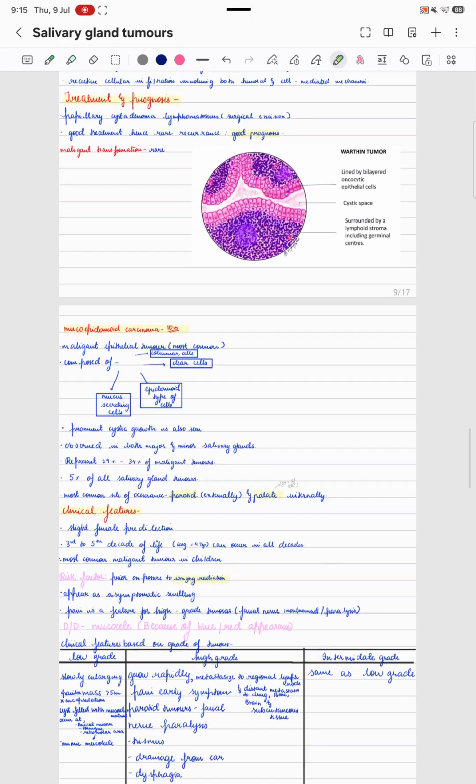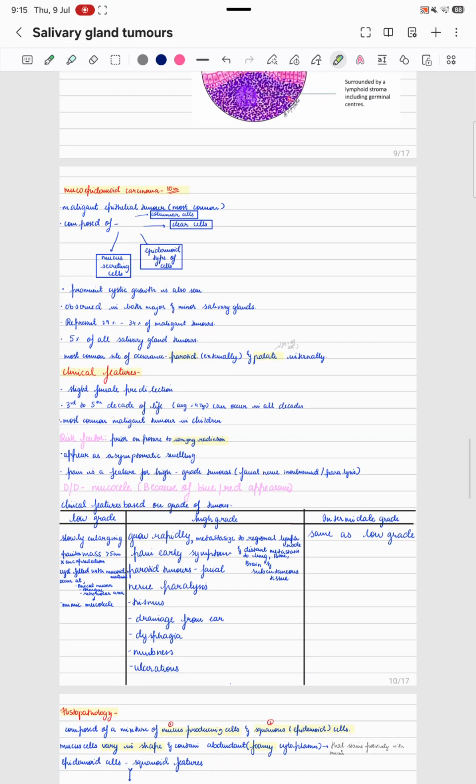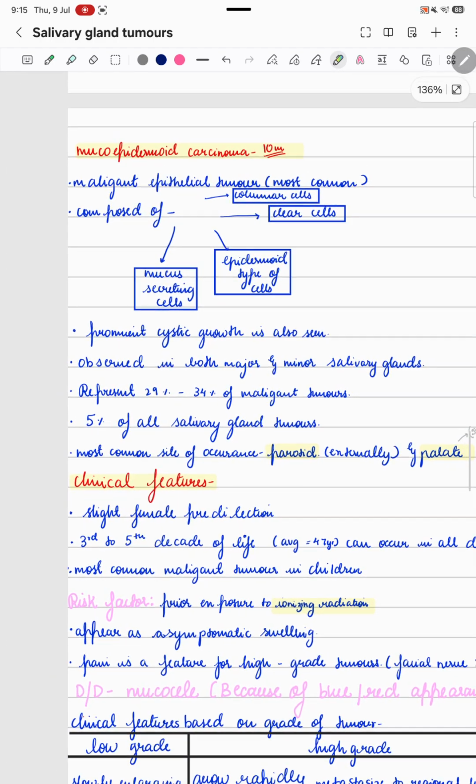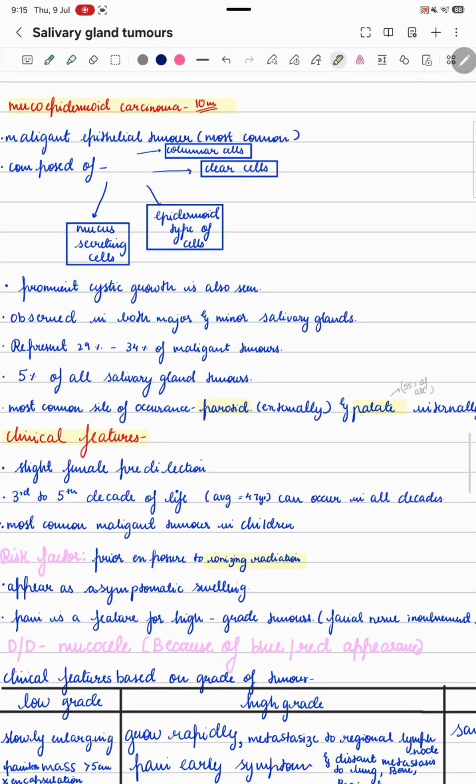Now let's start with another tumor, your mucoepidermoid carcinoma. So what is mucoepidermoid carcinoma? MEC is a type of malignant epithelial tumor. Malignant as in it is cancerous, right?